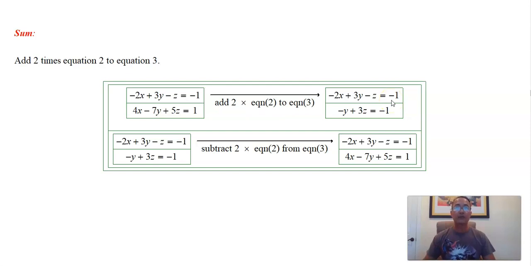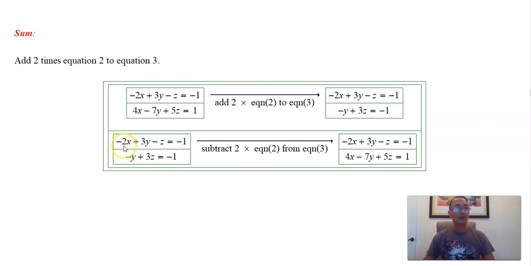Now let's go backwards. What if you had these 2 equations, which we copy over here, and we want to get back the original third equation? The opposite of add is to subtract. So we subtract twice the second equation from the third equation. Or another way to say that, we add negative 2 times the second equation to the third equation.